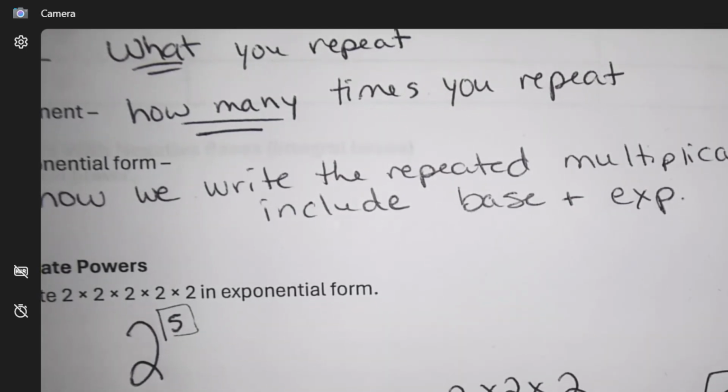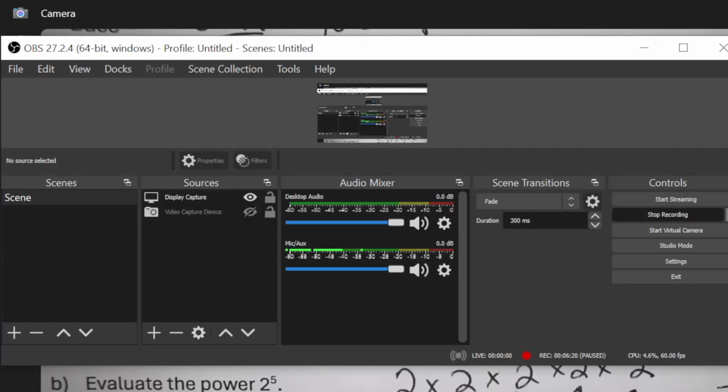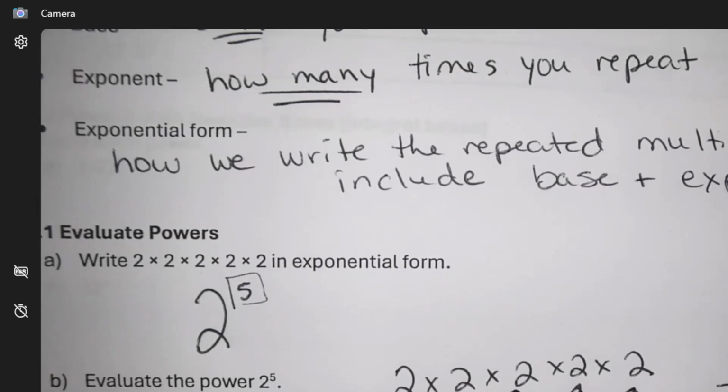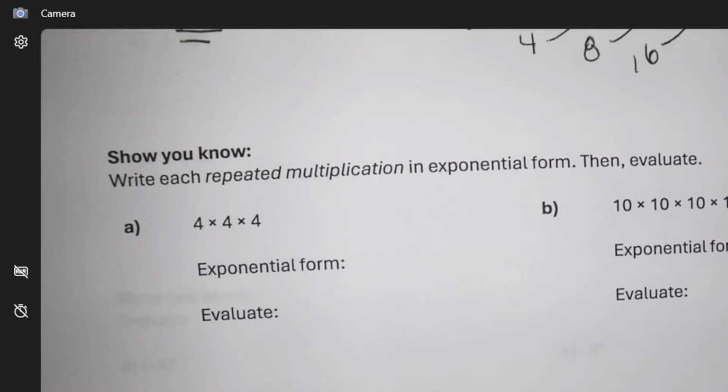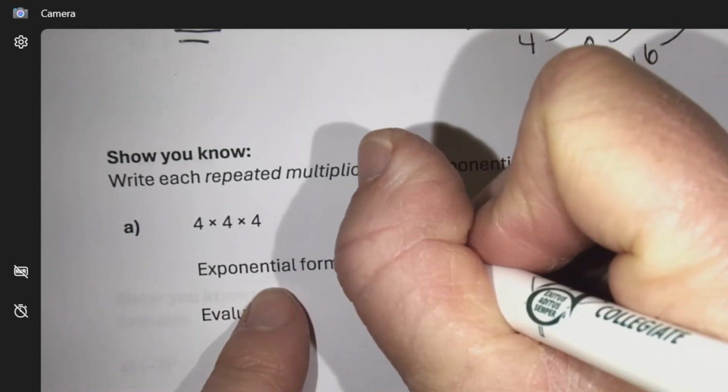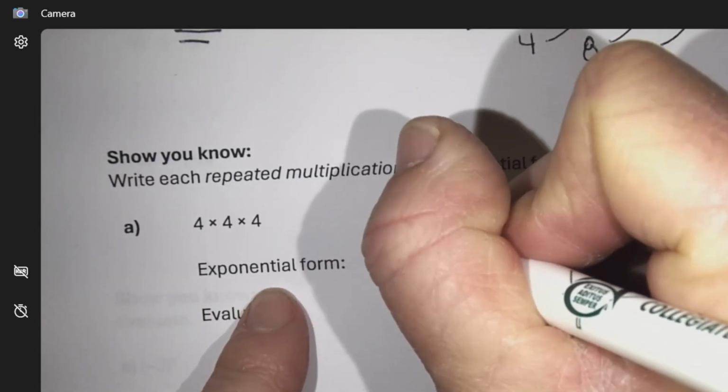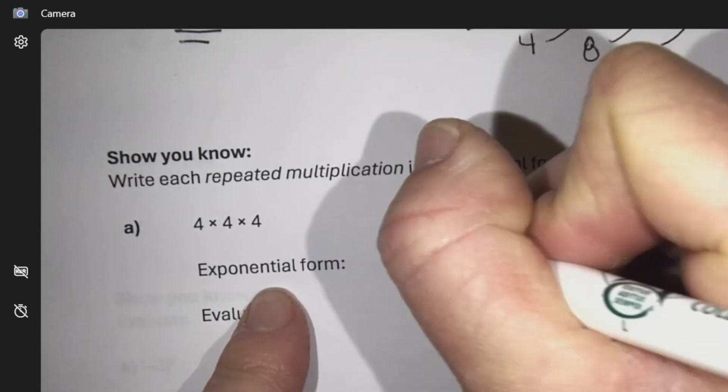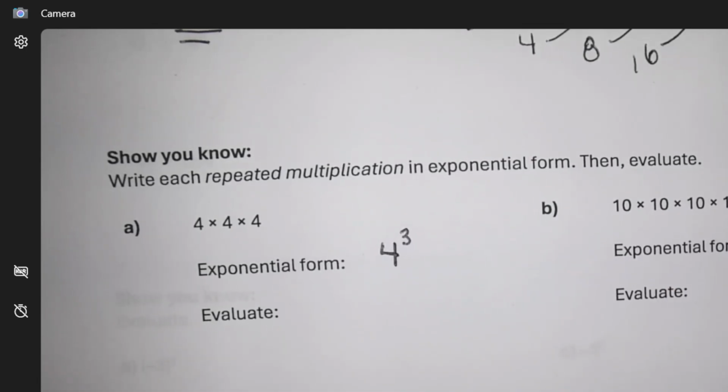Okay, I'm going to come around and you can flag me down if you need help. Okay, so in these 2 examples, exponential form, this one should look like base 4 gets repeated 3 times. Check. Did you do that?